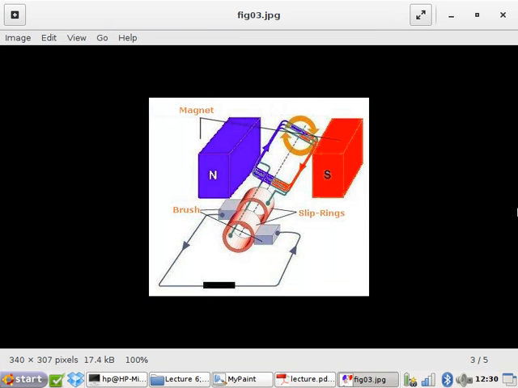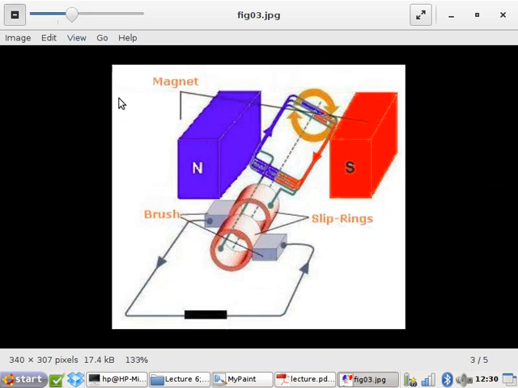And what is this picture called? AC generator. Can you zoom in again? Zoom in more. Goodness, it's so hot.